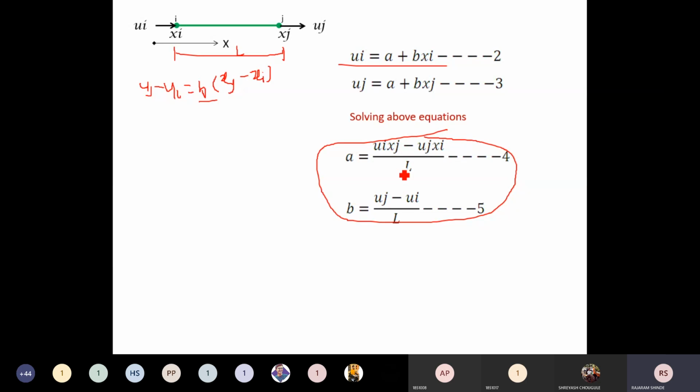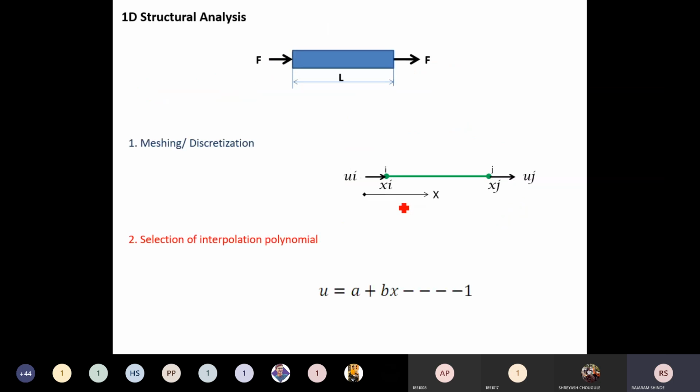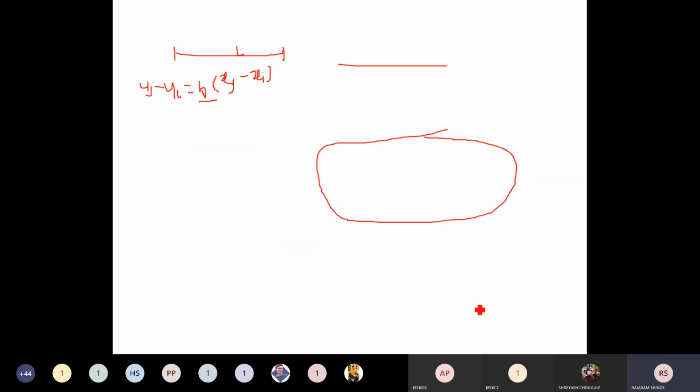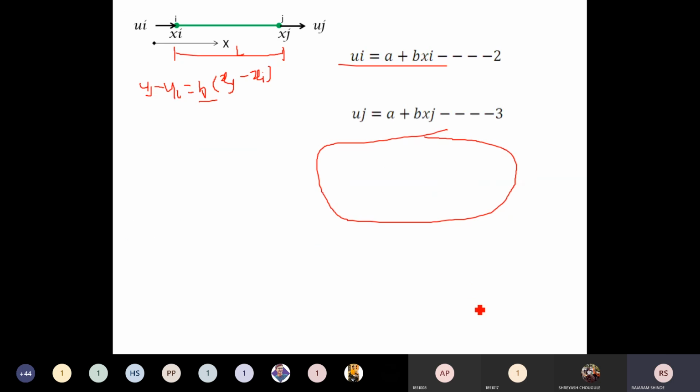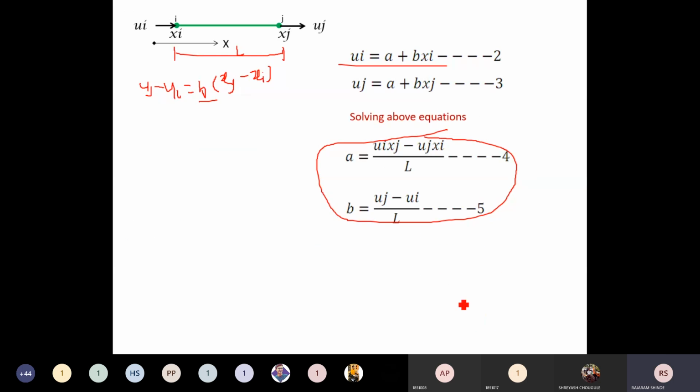Now you put these values in the interpolation polynomial. That means you put this a and b in equation number 1, that is the u equation.